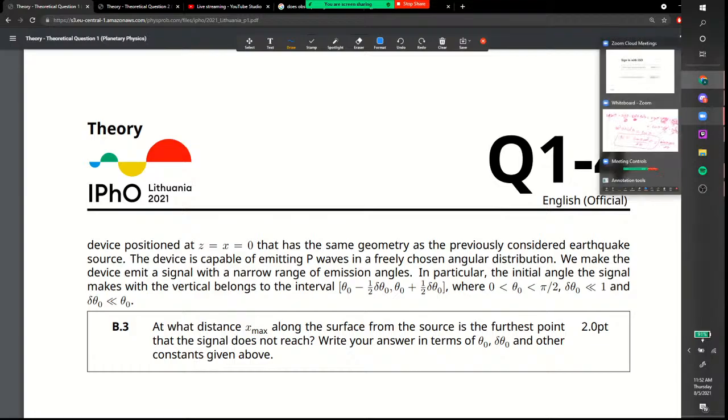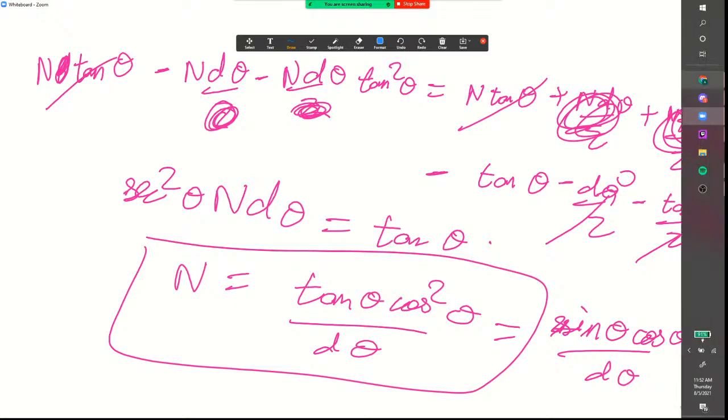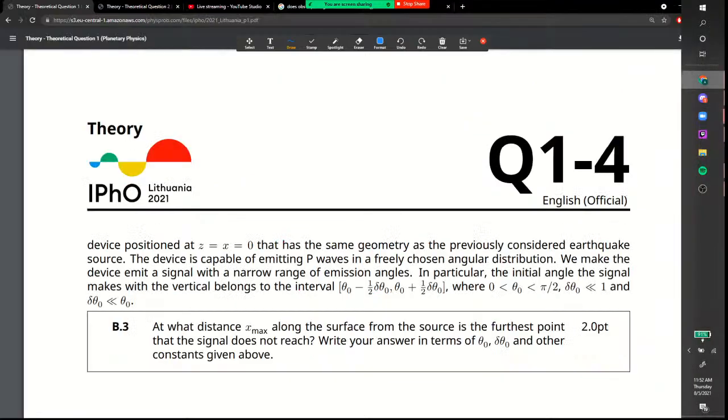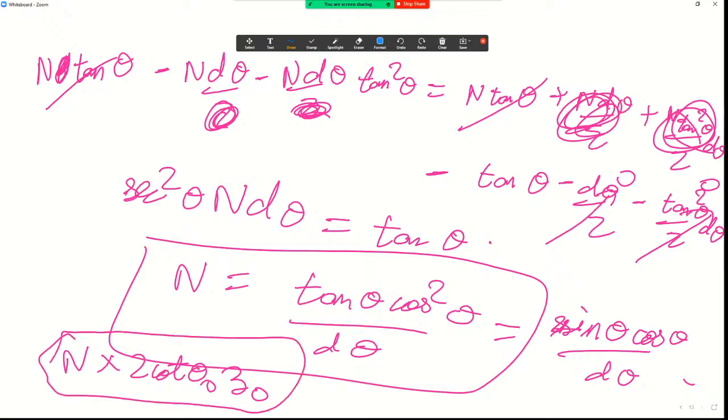Then to find the maximum. So maximum would be n times 2 cot theta naught into z naught, as they are completely circular.